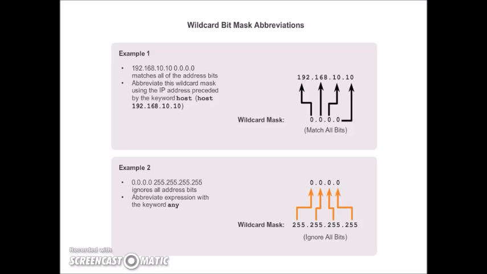This mask says that all IPv4 address bits must match, or only one host is matched. The any option substitutes for the IP address 0.0.0.0 and the 255.255.255.255 mask. This mask says to ignore the entire IPv4 address, or to accept any address.